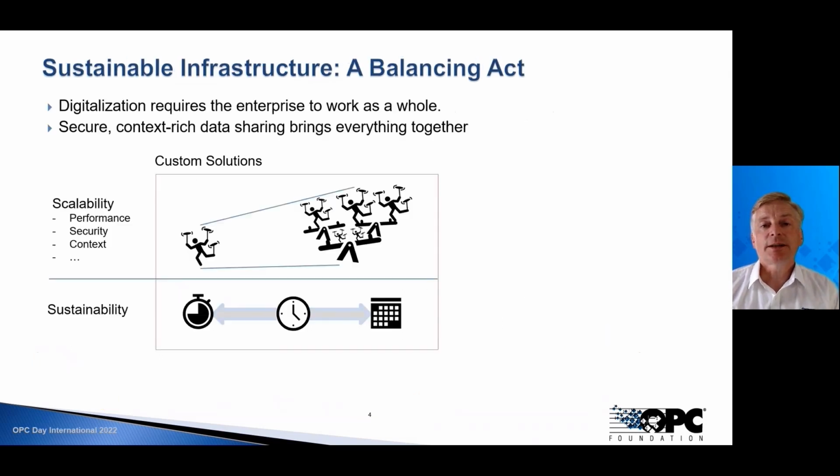Okay, now one way to look at this overall, this unified solution, and what does that look like, where you either cobble together multiple standards to try to make it work, or you use sort of a common unified method. So if you think about it as a balancing act for trying to get these different systems to work together, when you start to scale up, it's not just one person trying to figure out how to make particular functions work.